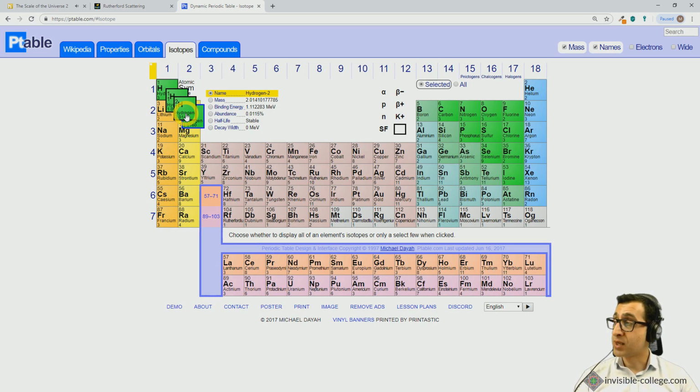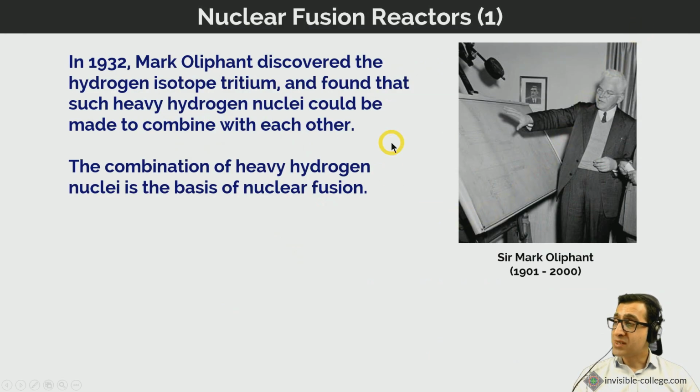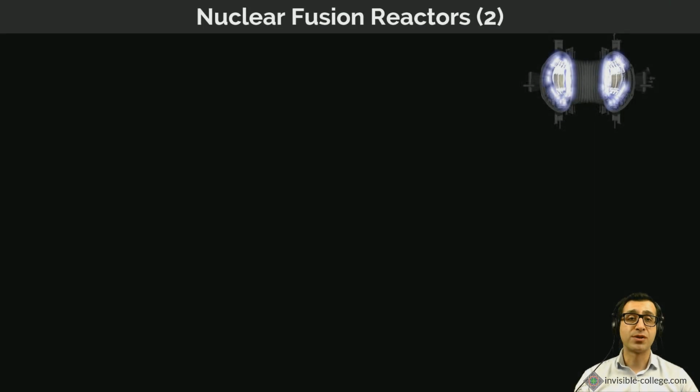So you have 1 proton plus 1 neutron gives a mass number of 2 for deuterium. Tritium is another heavy isotope of hydrogen where the nucleus has 2 neutrons and 1 proton. So Oliphant's discovery of tritium gave rise to the current search for a self-sustaining nuclear fusion reaction.